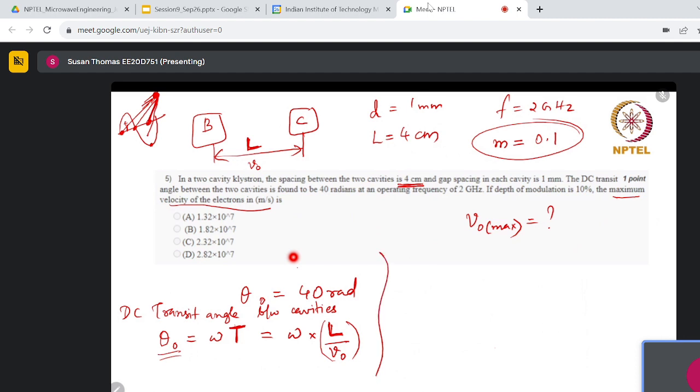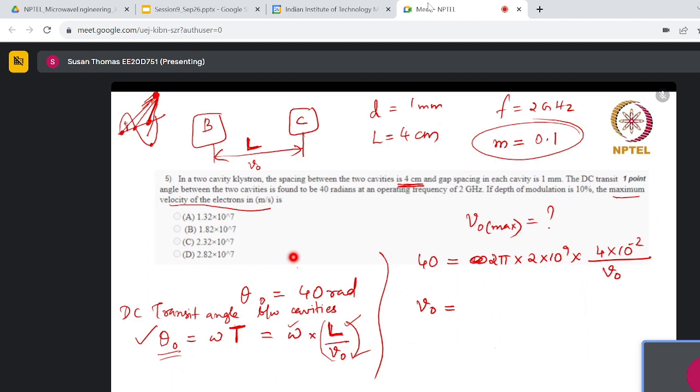Now, we know this transit angle theta naught. It's given in the question. We also know the angular frequency and the length. So we can find out V naught. So 40 radian is equal to omega, which is 2 pi into 2 gigahertz, into L, which is 4 into 10 power minus 2, by V naught. Can you evaluate V naught from here? Remember, this is not the maximum velocity.